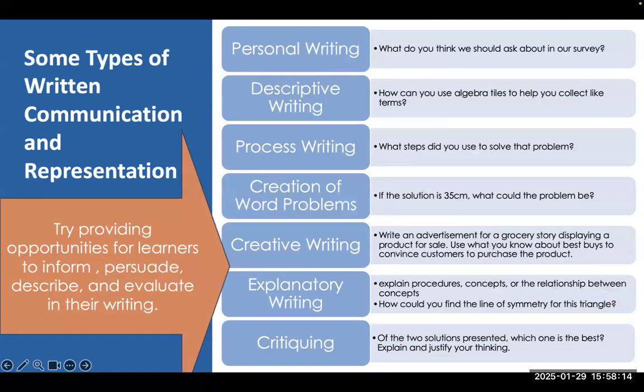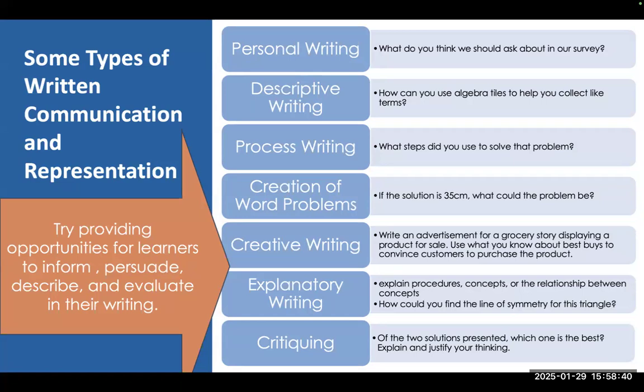Some other types of written communication and representation that we can use to encourage students to demonstrate their thinking and comprehension, particularly in written form, is to provide opportunities for learners to inform, persuade, describe, and evaluate. So we can do this in various ways.